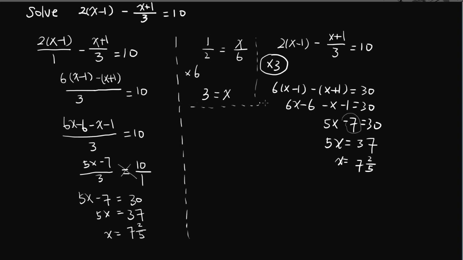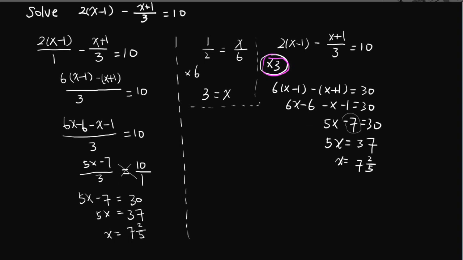This multiply by 3 step makes use of the basic manipulation skill for equations, which is that you can multiply by the same number, divide by the same number, or add or subtract the same number on both sides of the equation, and the equation is still valid.